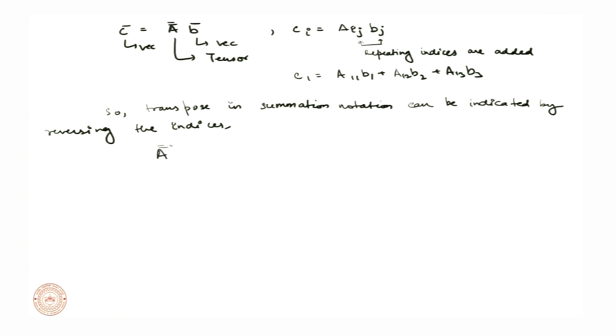For example, A is equal to aij, A transpose will be equal to aji. All right, this is important to note. If we flip the index, in that case it will be a transpose.